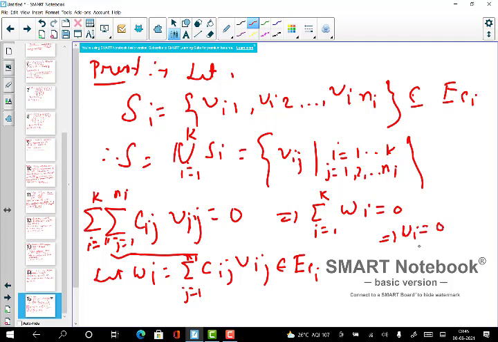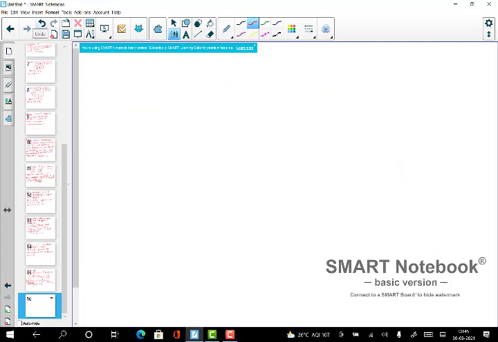This implies Wi is 0 for all i equal to 1 to k, right? Now once you get all the Ws are 0, that means the summation of cij Vij, j equal to 1 to ni, is 0.